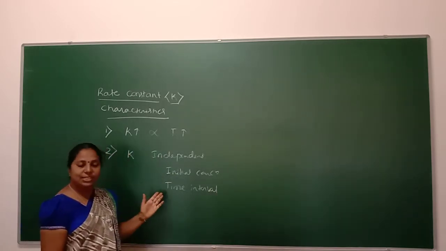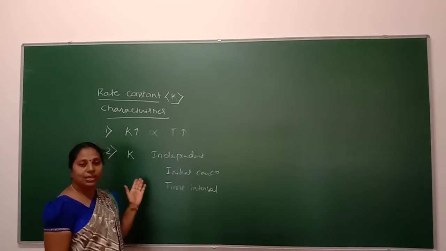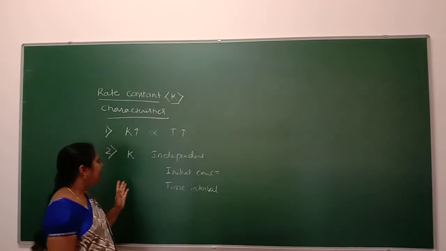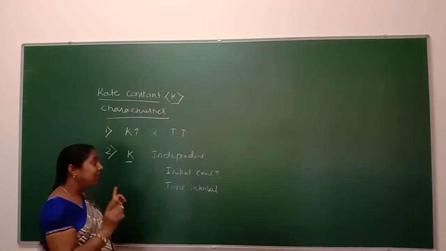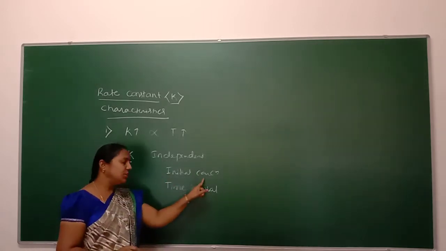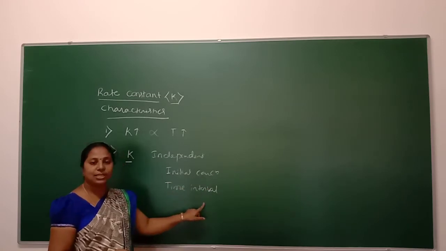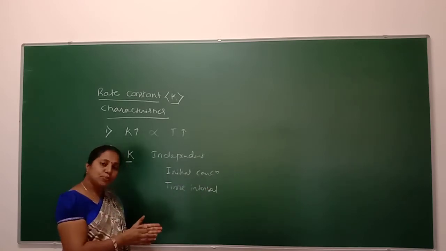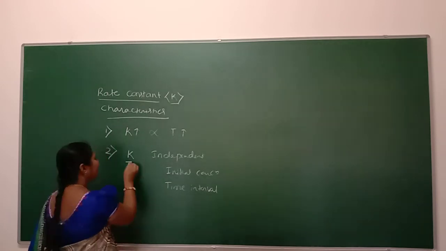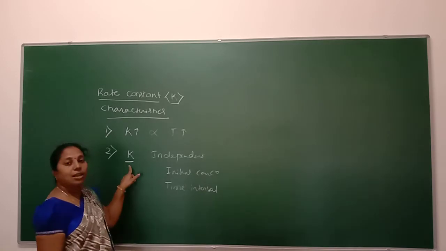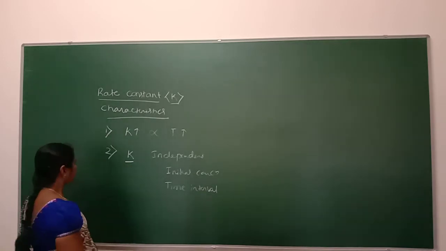If we consider any chemical reaction, the value of rate constant always remains constant irrespective of the initial concentration or irrespective of the time interval. That is, at the beginning of the reaction, or at the middle of the reaction, or at the end of the reaction, the value of K always remains constant for a particular chemical reaction.